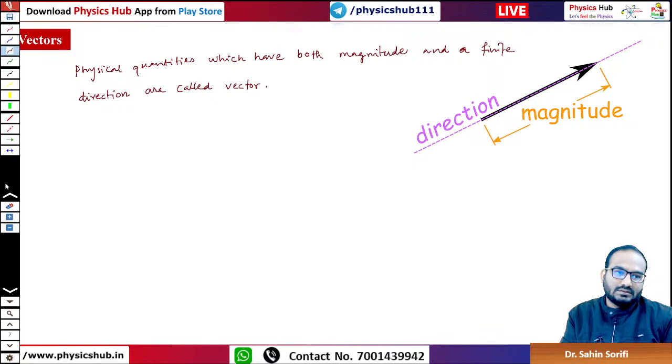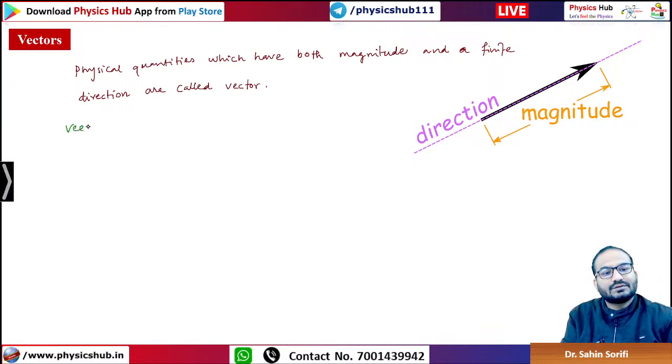So this is the first thing, but being a senior student, you should remember that vectors should follow the vector law of addition.